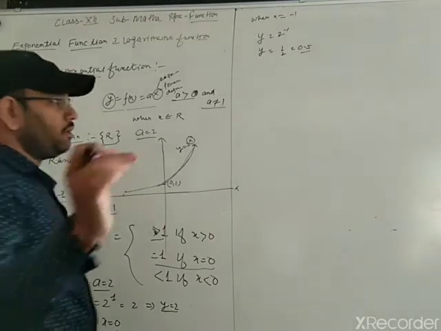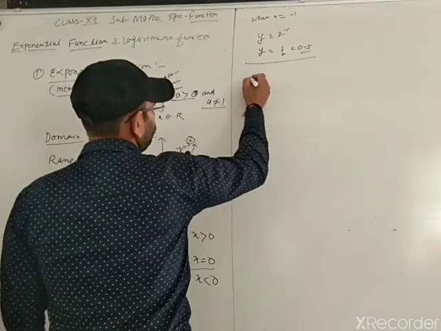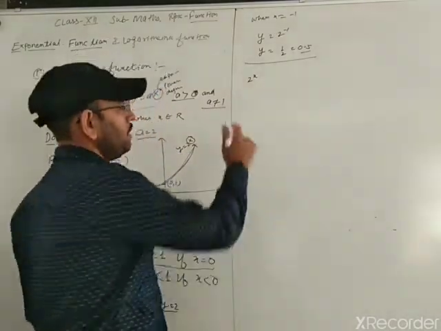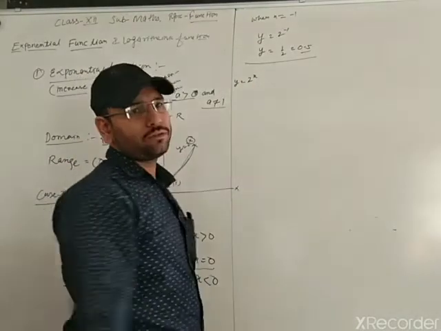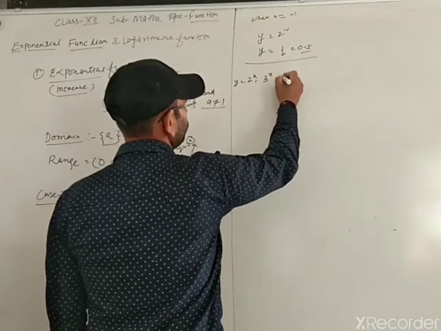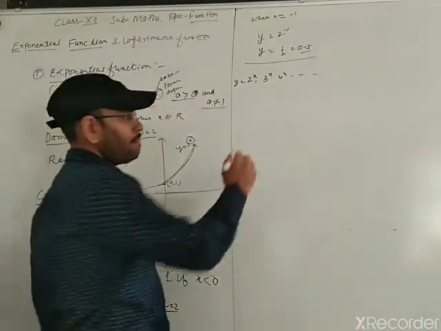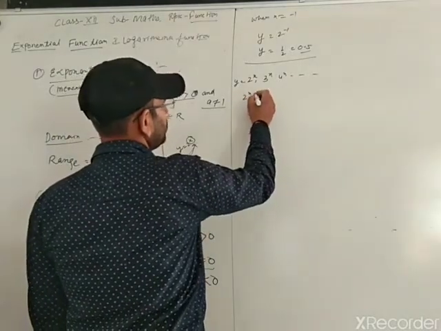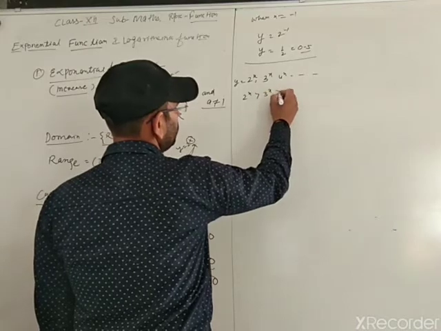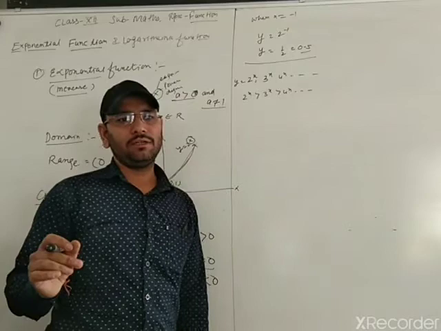Clear? Okay, one more important thing is there. We can write y is equal to 2 to the power x, 3 to the power x, 4 to the power x and so on. Clear? Okay. So 2 to the power x is greater than 3 to the power x, greater than 4 to the power x, for a particular condition.